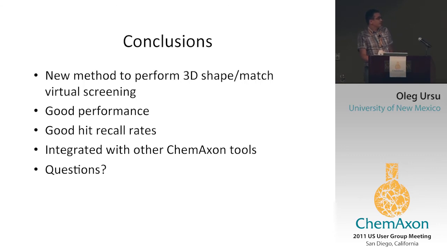It integrates well with the other ChemAxon tools. You can start with Standardizer, use MolConvert to generate 3D conformations, and visualize the results with Marvin View, so you don't really need any external tools to run through the whole process and analyze the results. So I think it can be useful, in my opinion.